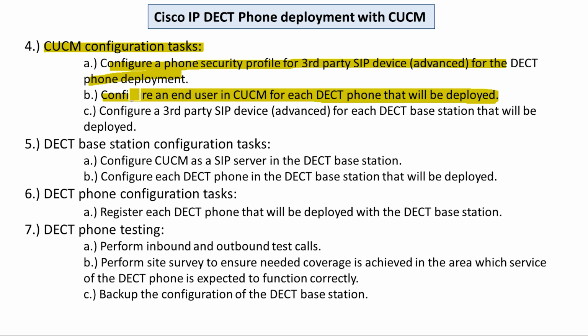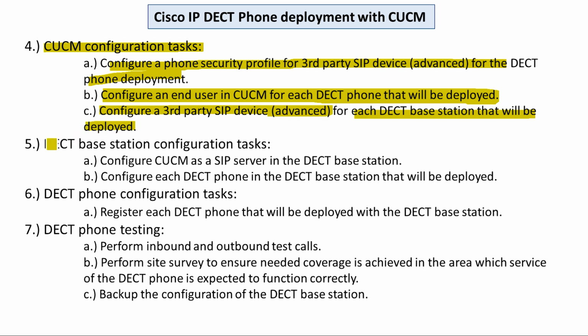In this example, I have 2 DECT 6823 phones we're going to deploy, so for each 6823 phone, I will configure an end user account. We'll look at that in a few moments. Configure third-party SIP device advanced for each DECT base station that will be deployed. In this case, I'm doing a DBS 110, so 1 DBS 110.